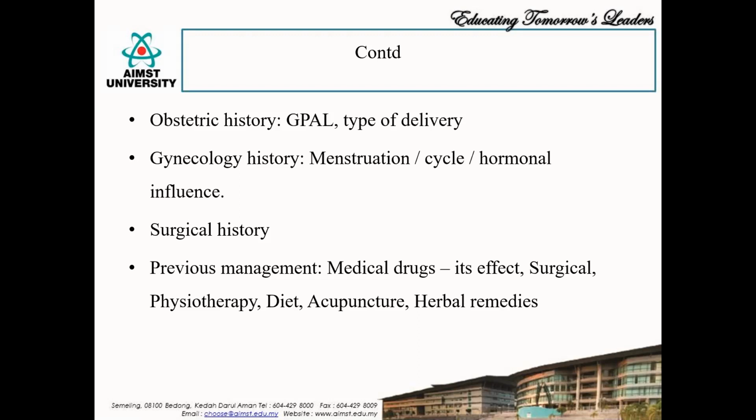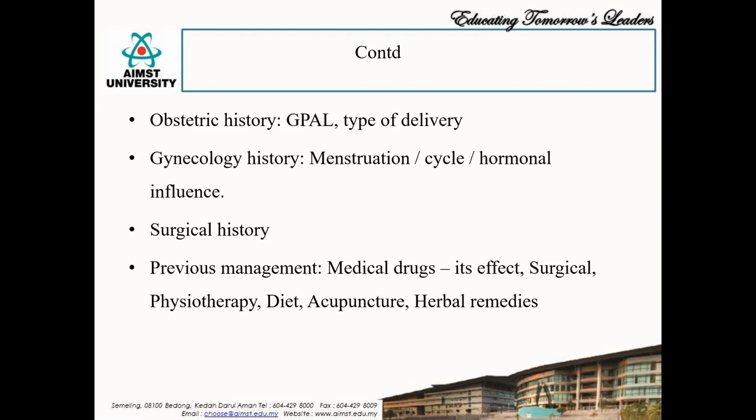A is abortion and L is number of live children. Number of conceptions will definitely be more for some people if they have miscarriage and abortion and other things. Parity means number of deliveries they had. A is number of abortions, and L is number of live children.